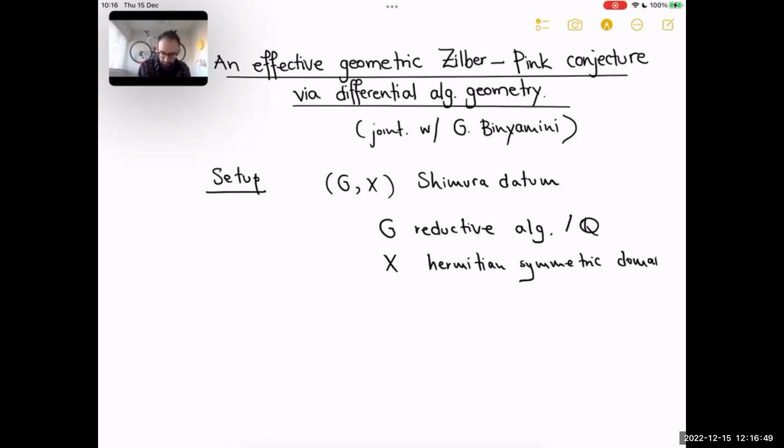And of course, these come together: G is associated with X in a natural way.